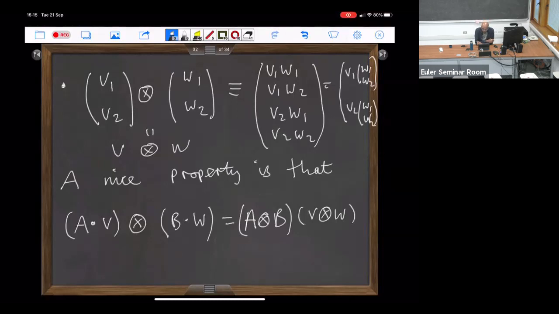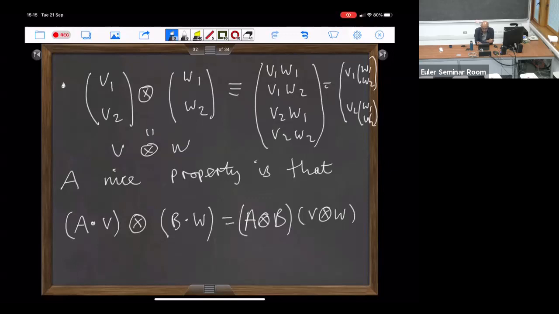And this has the nice property that if I now consider a 2 by 2 matrix acting on V and a 2 by 2 matrix acting on W, that generates two new vectors, and I can take their tensor product.